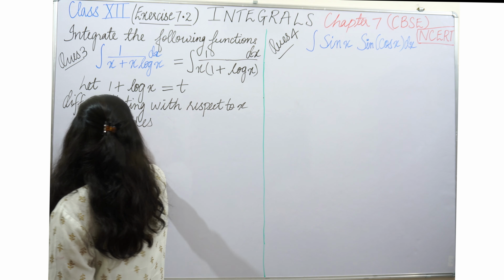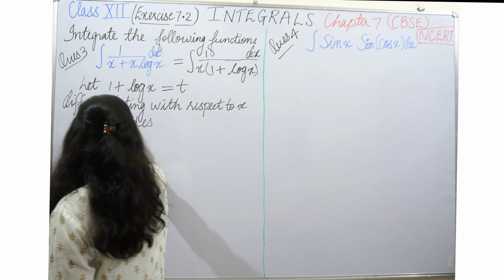Our expression was sin x sin(cos x) dx. So let us convert this expression in terms of t. Sin x dx we have already found to be equal to minus dt, and here we already have sin, and this cos x will become t, because we have assumed cos x to be t.